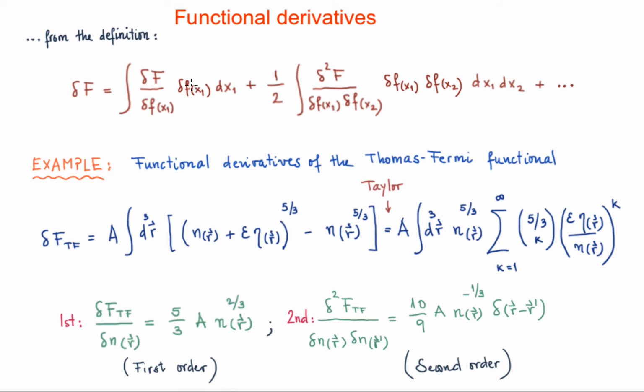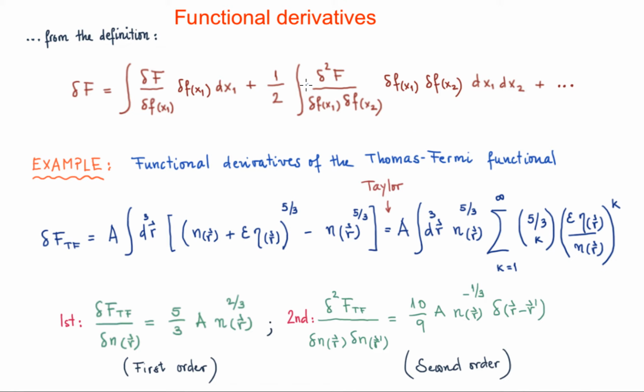So basically the functional derivatives are the kernels in the Taylor expansion of the change in the functional F when the function it depends on changes from f to f plus delta f. So that's interesting. So how can we calculate these functional derivatives?